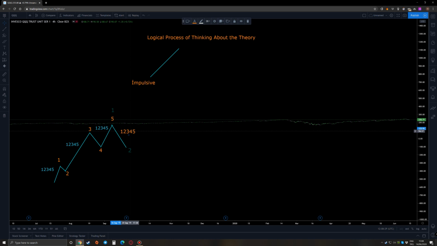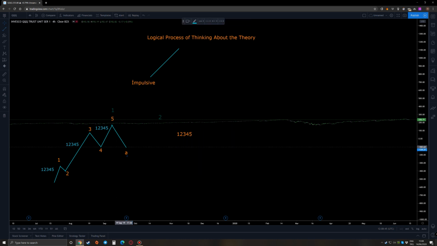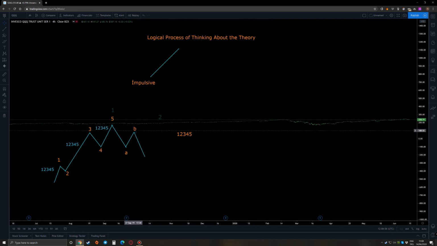Also, of course, people think this main thing actually goes like this: 1, 2, 3, 4, 5, and then ABC. This is the most common thing that is online right now. So it's A, B, and C. Well, this can be true because you can have an ABC, but you can have something so much different.